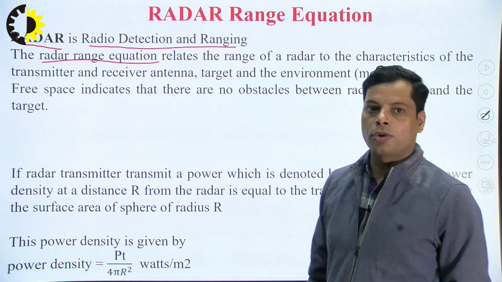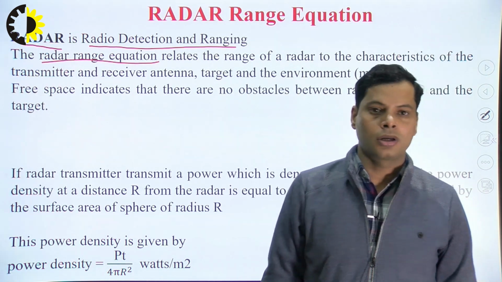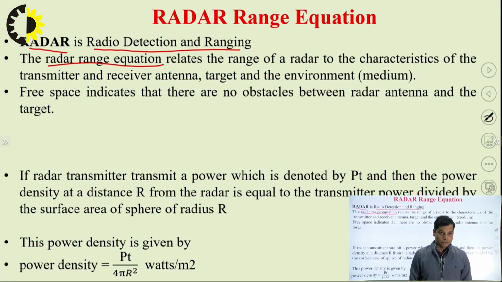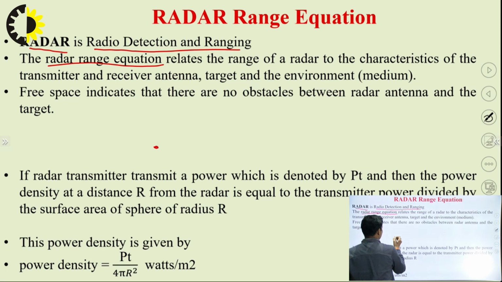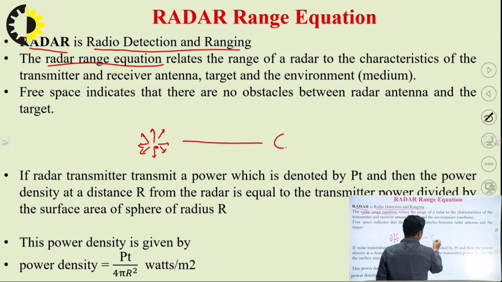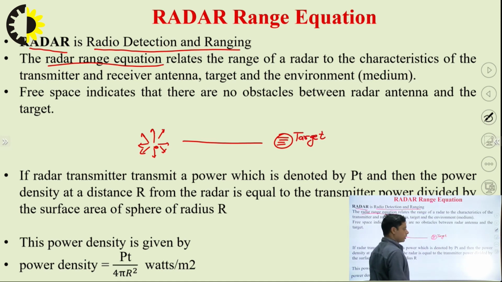This one is a very important topic for this subject, as I have already mentioned. Let's say we have an isotropic source like this one, and it is now transmitting like this. At some distance, let's say a target is available, and this is the transmitting antenna.